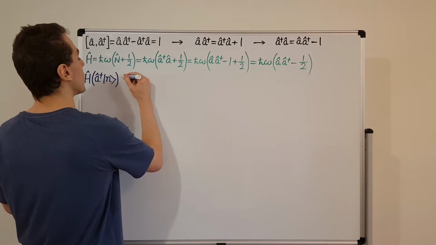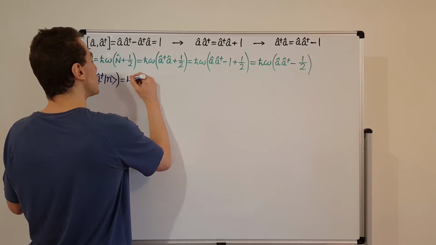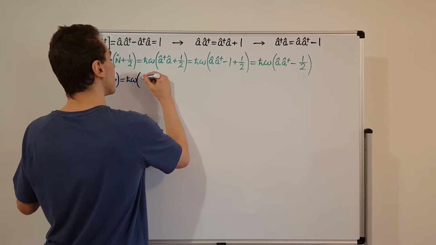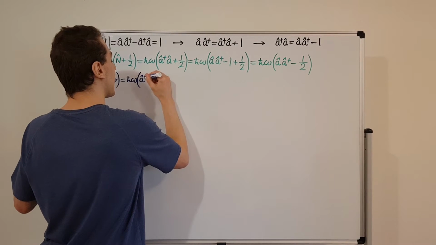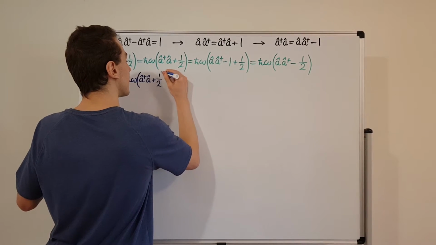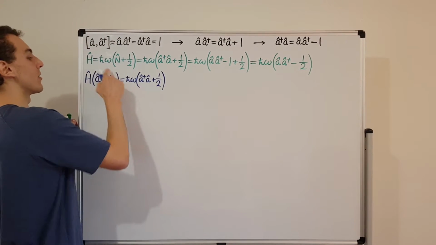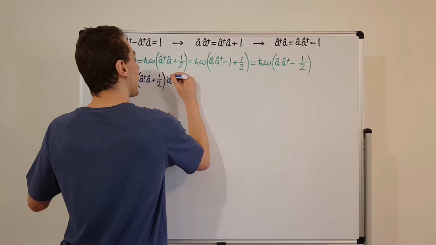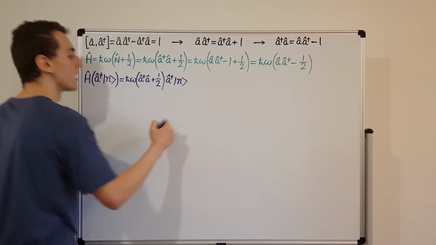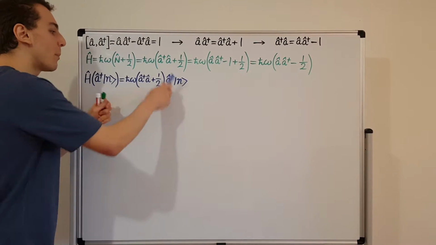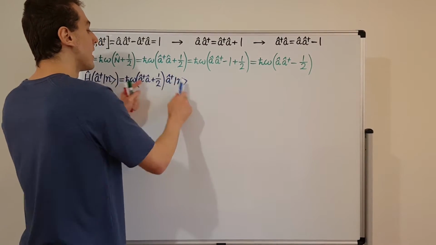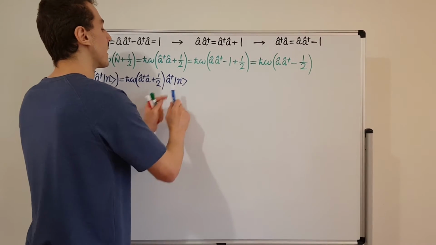That gives me h bar omega, then this combination, a dagger a plus 1/2, acting on a dagger acting on the eigenstate. Can you see what I've done? I've just unpacked the Hamiltonian in a convenient form, and I'm acting on this raised state.